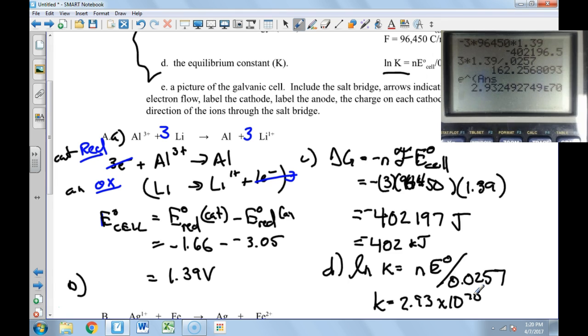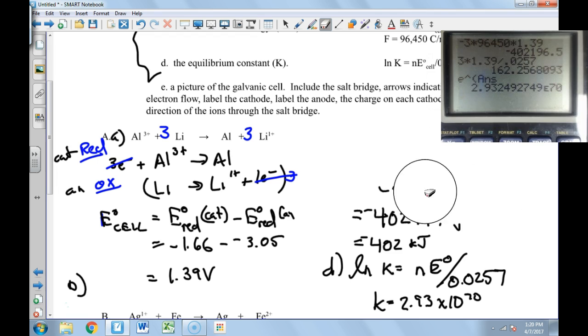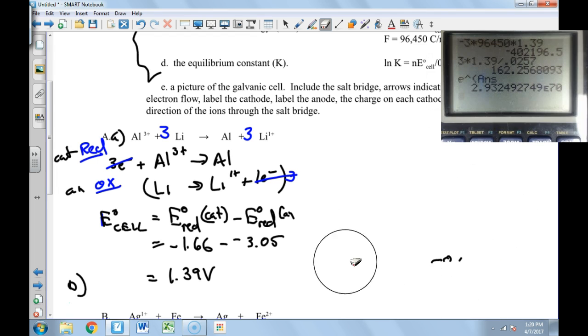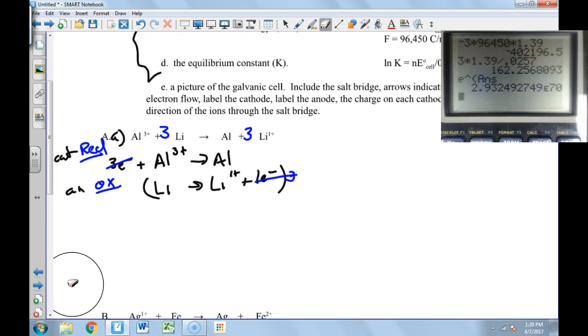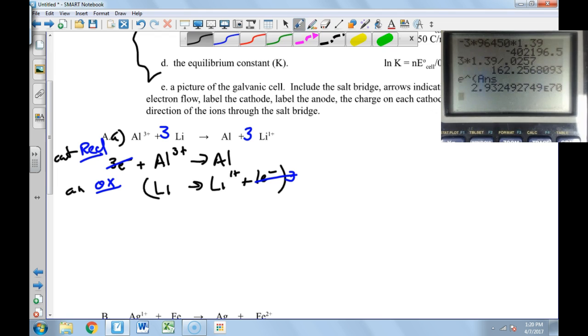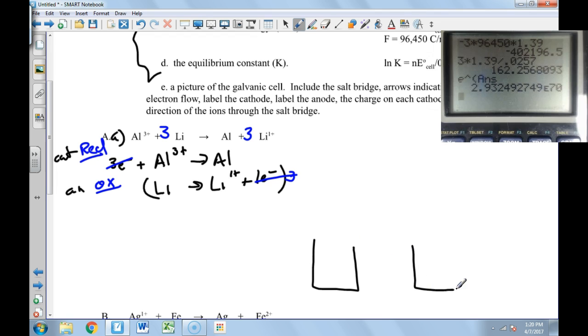Now the last thing is taking this and drawing a voltaic cell with it. So I'm going to erase all of this because I need space. I'm going to leave the reaction. And all I'm going to do is draw a generic voltaic cell.